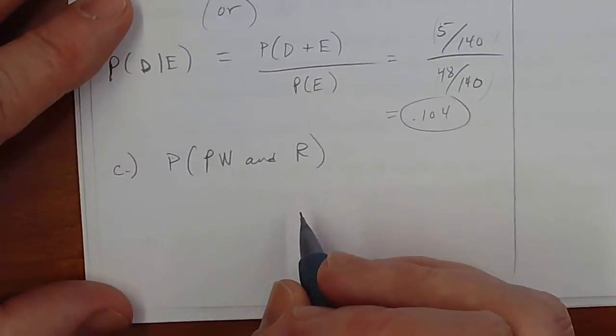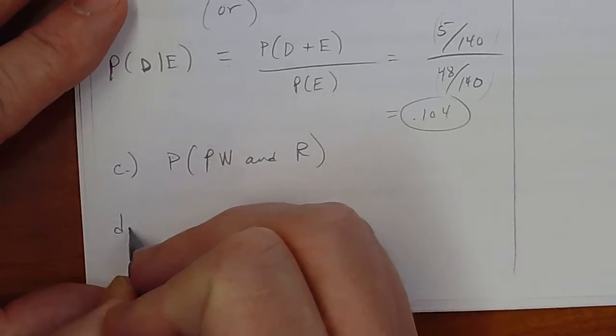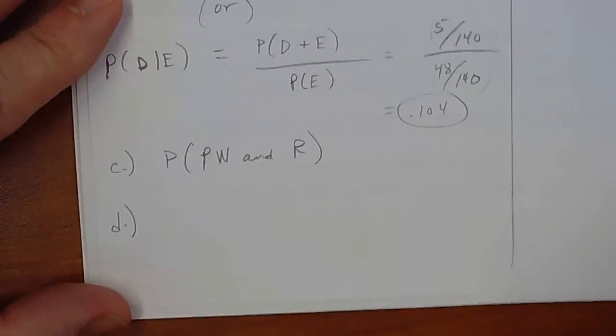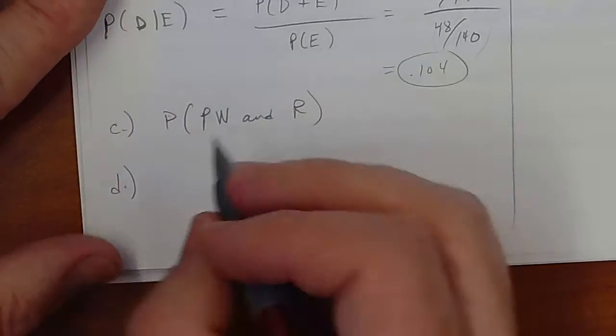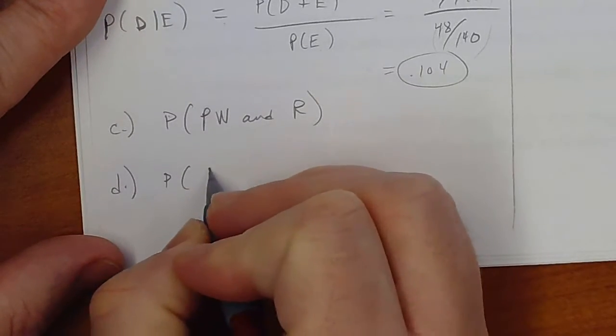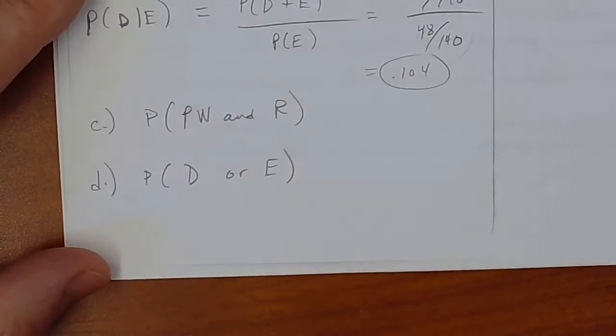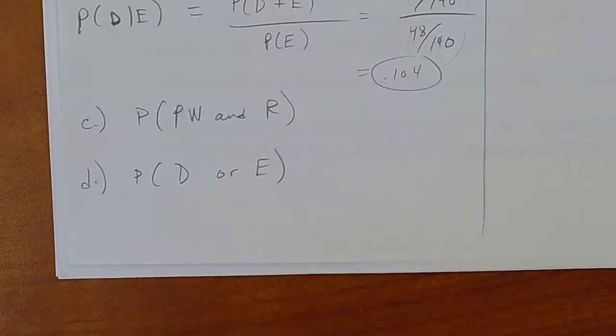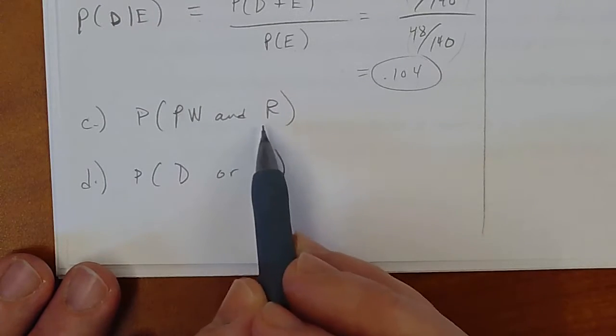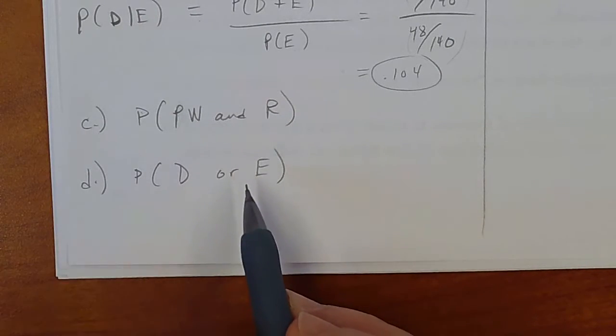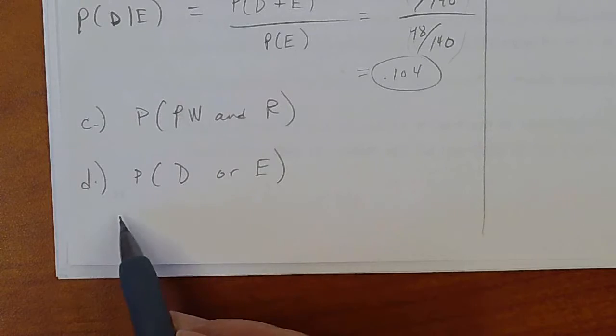See if you can figure that out from the table. And then let's review yesterday's addition rule. How about the probability of D or E? Okay, pause and try those two probabilities. This one doesn't really have much work. You're just going to find it from the table. This one, you might want to use that general addition rule and show what you're doing.